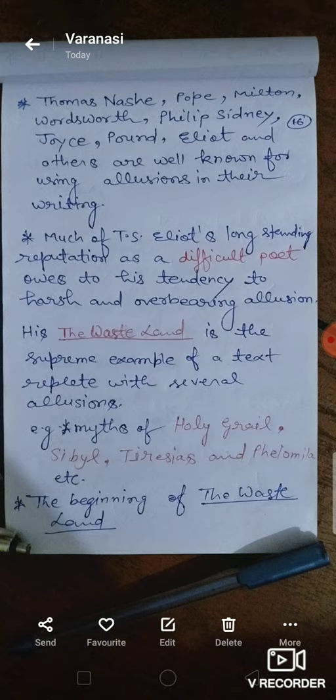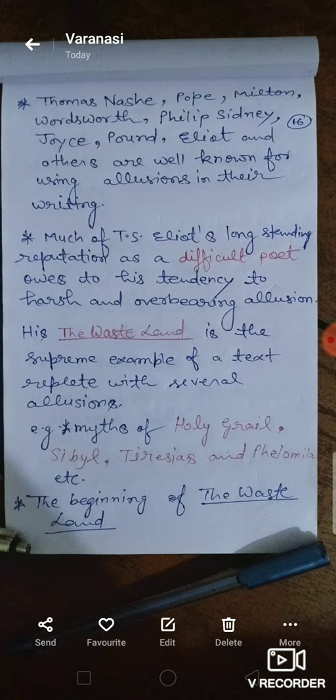the first poem published by T.S. Eliot, The Love Song of J. Alfred Prufrock, even there we have the reference of Michelangelo. Women come and go talking of Michelangelo. So Michelangelo was not a contemporary artist, but is being referenced in the first poem of modern poetry, as it is said.